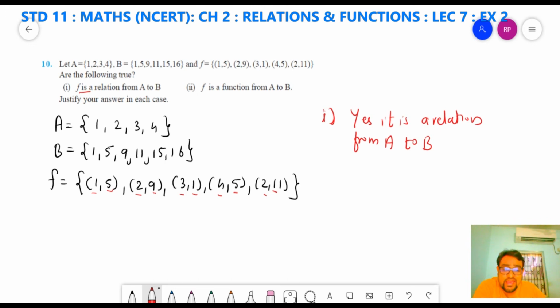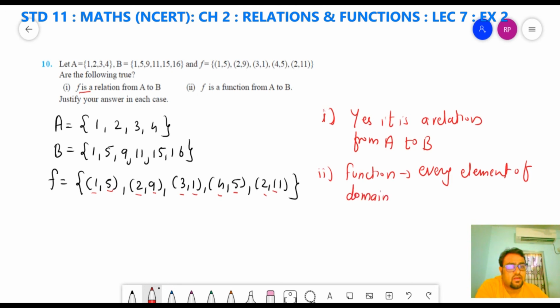Now the second case: is f a function from A to B? So now when can a relation be said to be a function, right? What happens in a function? In a function, every element of the domain has one and only one image, right?